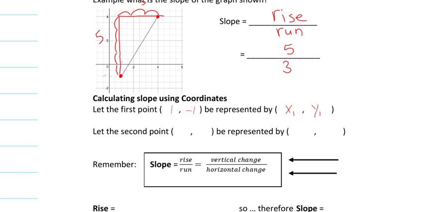And the second point is going to be 4, 4, which is represented by x2, y2. Remember that a point or a coordinate, right, they go xy. Okay? We're going to call the first one our first point. So this is going to be x1, y1. And then the second one is going to be my second point, which is x2, y2.